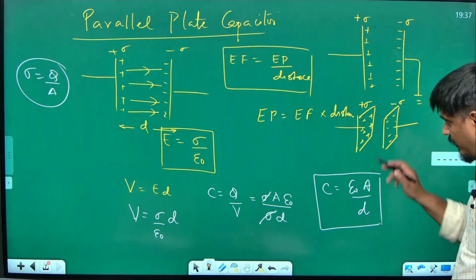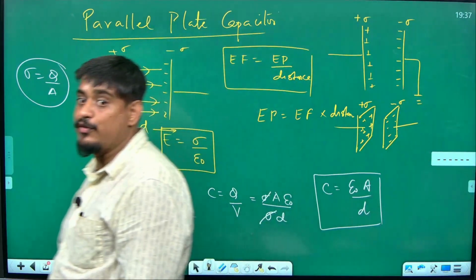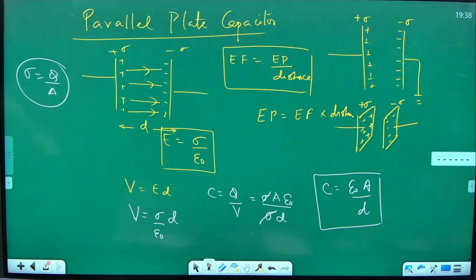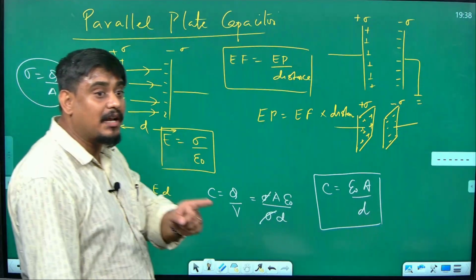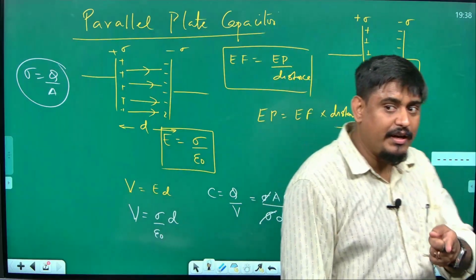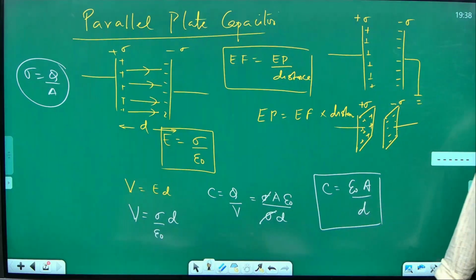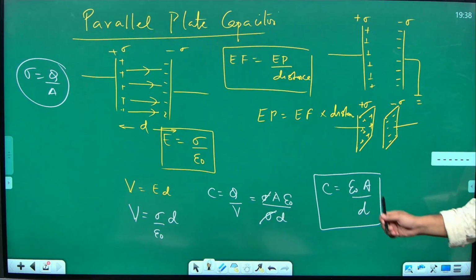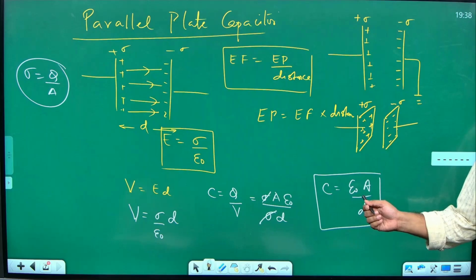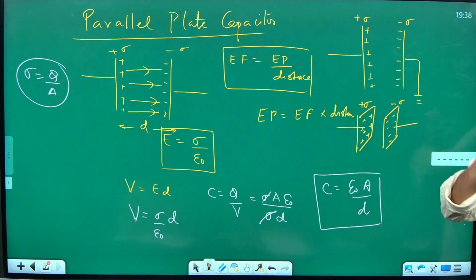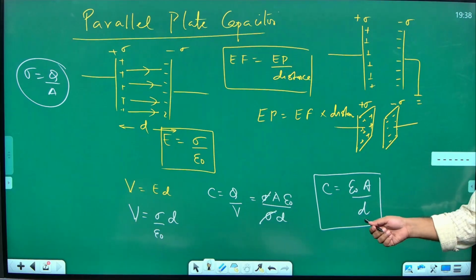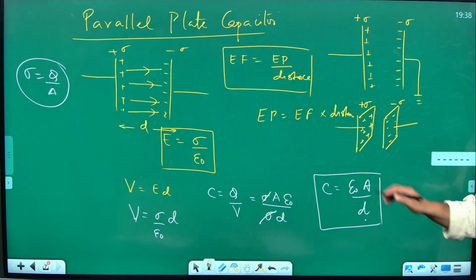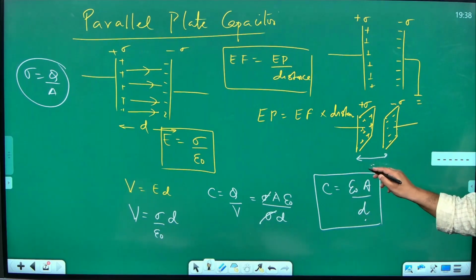This is the formula, just like how we gave the formula of an isolated spherical capacitor as 4 pi epsilon naught r. In the same way, the capacitance of a parallel plate capacitor is epsilon naught A by d. Pay attention: epsilon naught is the permittivity of free space, A is the area of the plate and d is the distance between the plates.